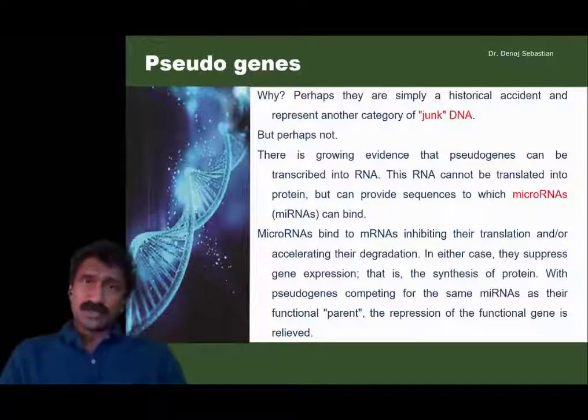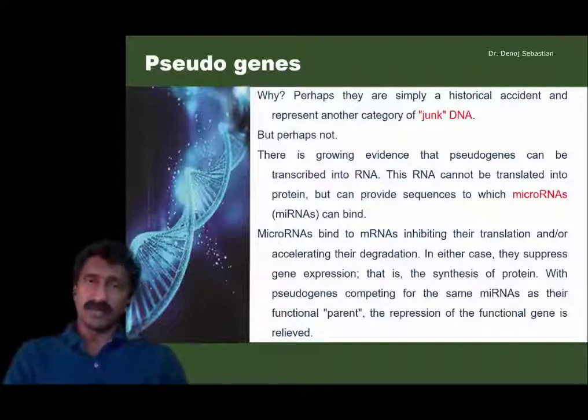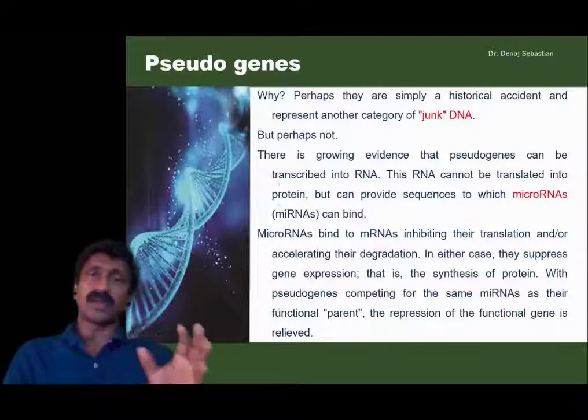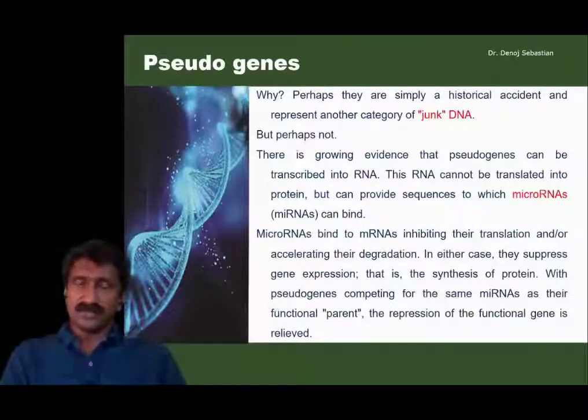Perhaps not. There is growing evidence that pseudogenes can be transcribed into RNA, and this RNA may or may not be translated into protein, but can provide sequences to which microRNAs can bind. The microRNAs bind to the mRNA, inhibiting their translation and accelerating their degradation.